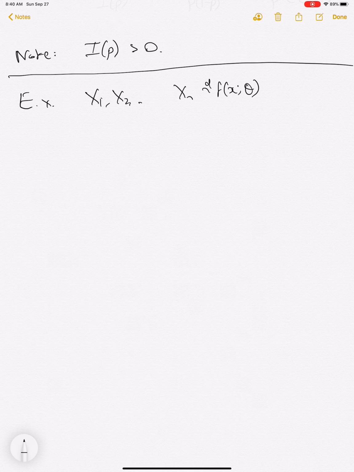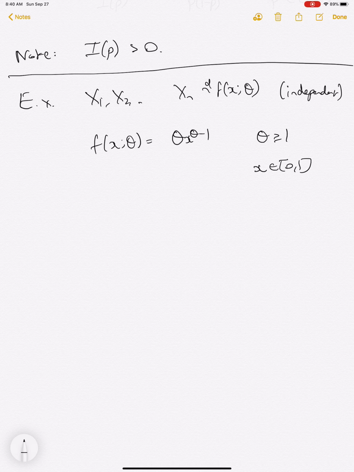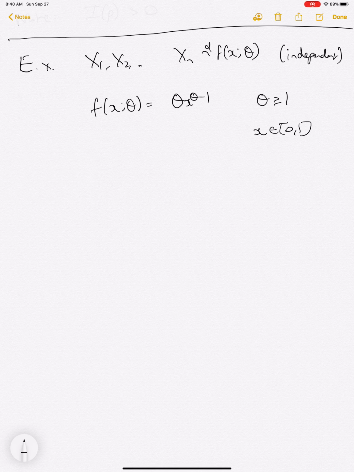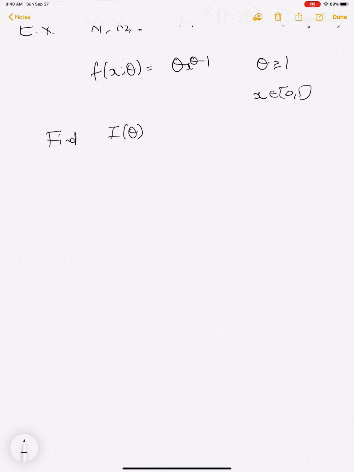We have independent draws from the distribution we saw at the beginning of class, where theta is bigger than or equal to 1 and x is between 0 and 1, and this is the PDF. So we want to find I of theta here.